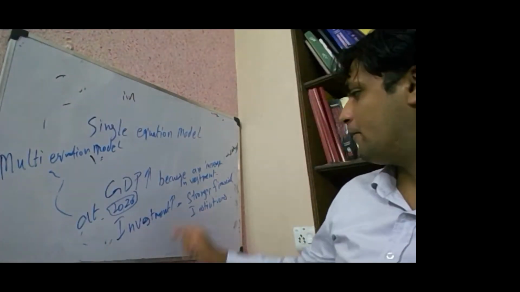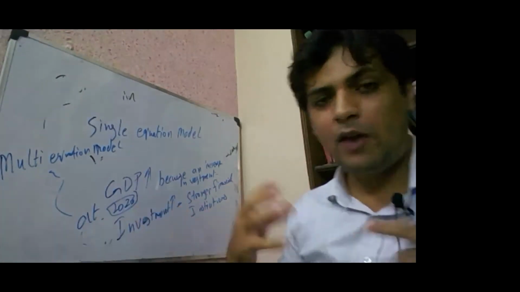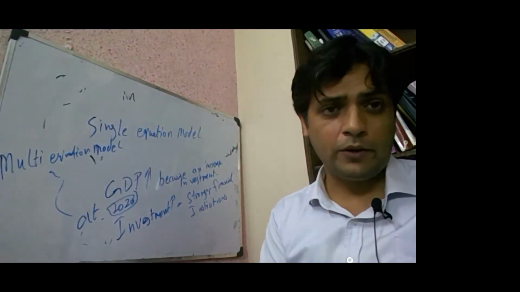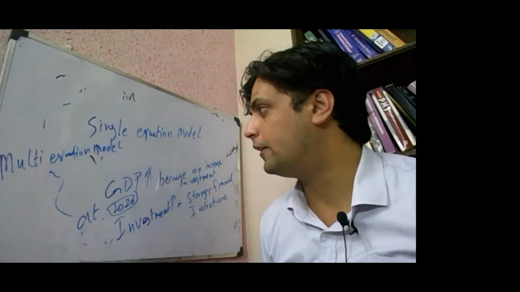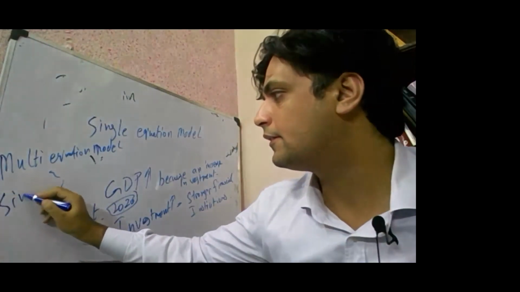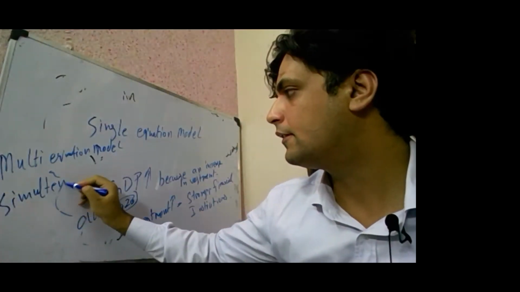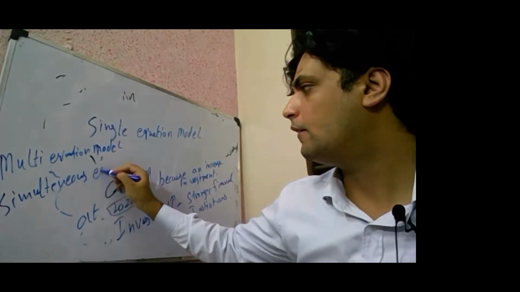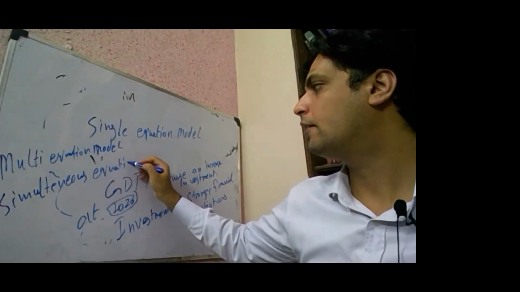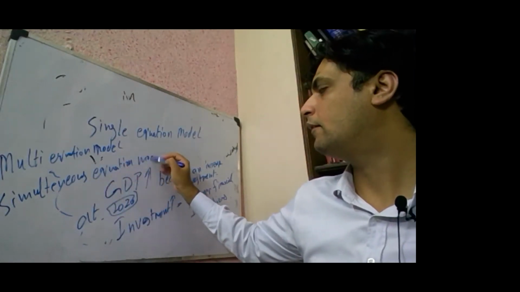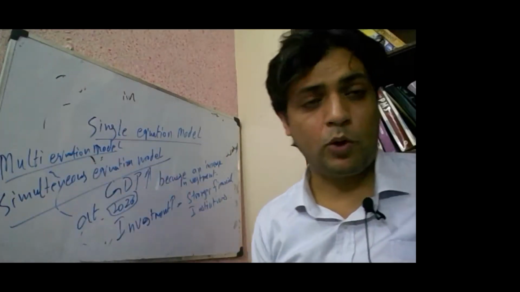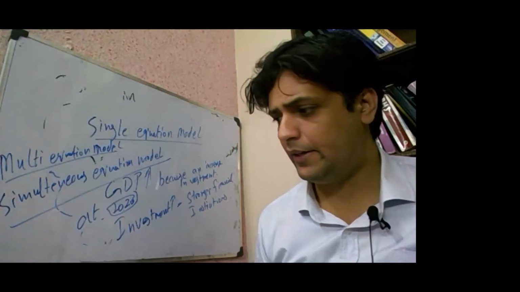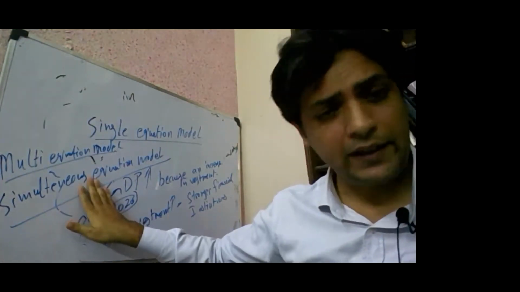Good. So whenever we are dealing with two or more than two equations at the same time, we call it a simultaneous equation model. So there are three different equations we can model our theory. This one is a bit complicated.